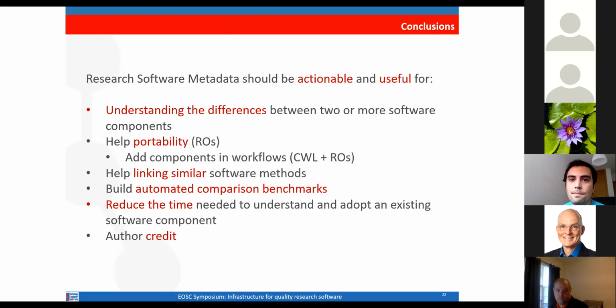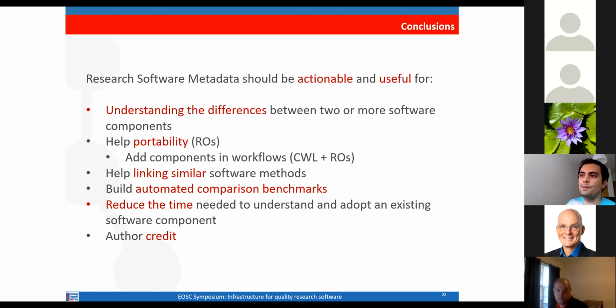Next slide, please. Since I'm running out of time, I would like you to walk away with the message that software metadata is great, but we should start thinking about how to make it machine actionable and how to make it useful for what the users want. Which of course includes findability, but more importantly, they want to understand the differences between two different components.